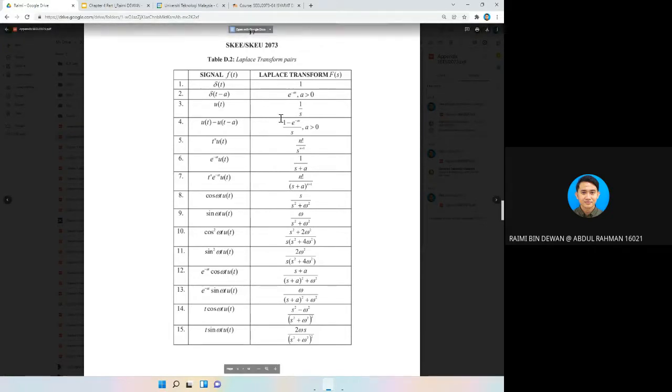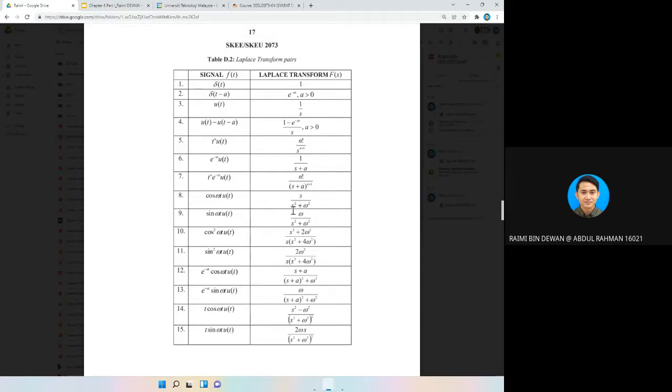Otherwise, if there is no direct solution, you need to manipulate in order to have the signal finally look like this part or this part. You need to do some algebraic manipulation in case the equation given is not shown here, but you can obtain them if you do algebraic manipulations.